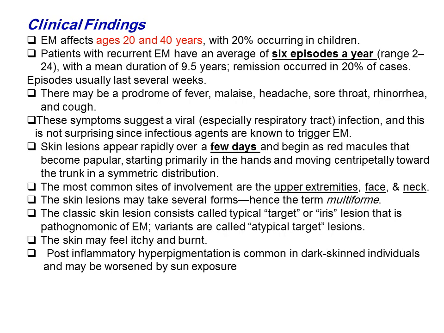Skin lesions appear rapidly over a few days, with red macules that become papular, starting primarily in the hands and moving centripetally toward the trunk in a symmetrical distribution. The most commonly affected sites are the upper extremities, face, and neck.